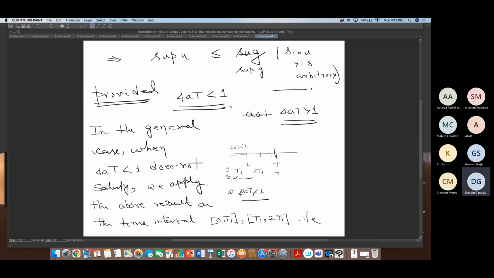You understand, right? For fixed T, you can always break this time interval. Do this here, do this here, and then okay. Is that clear? Okay.